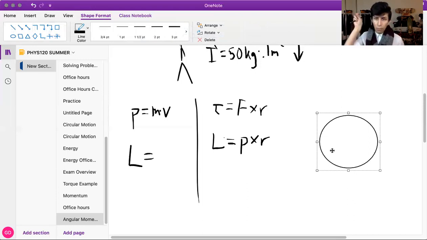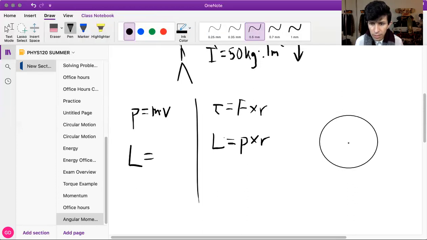Check it out. We're looking at this from above. Think about this like an orbit. There's something in the middle right here. And if this object is moving at a certain speed, it has momentum, right? Because velocity times mass gives you the momentum.